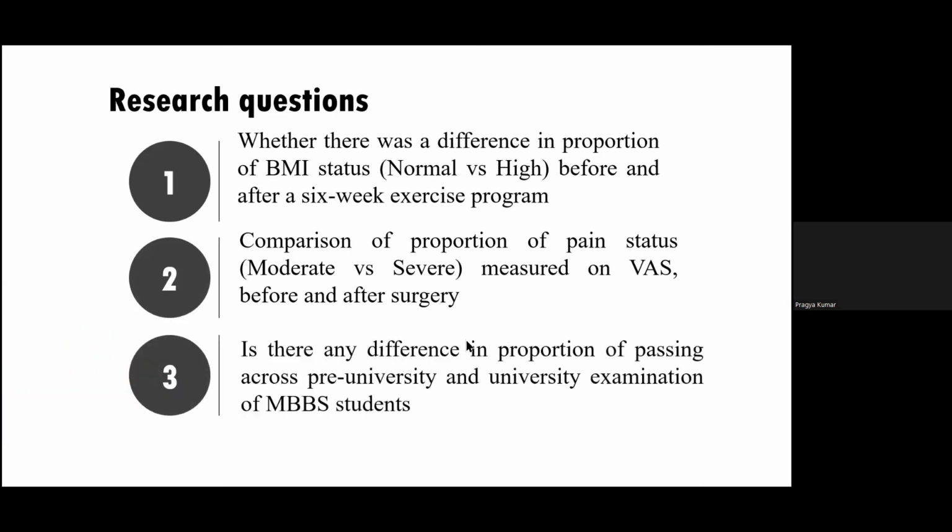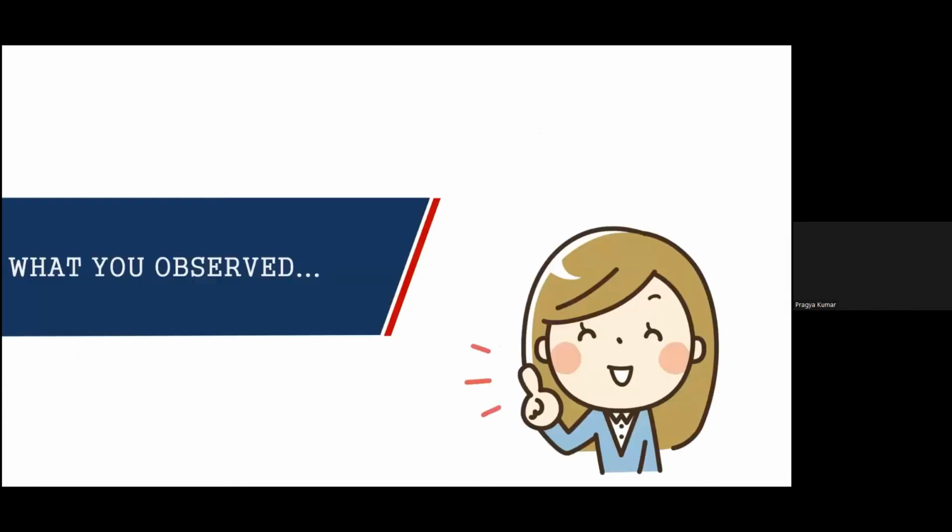Similarly, any difference in proportion of passing across the pre-university and university examination of the MBBS students. Again, there will be pass and fail, and there will be two exams, pre-university and university. So this will also be a 2x2 table. So remember, we can apply the McNemar test only in a 2x2 table. We cannot apply the McNemar test in a 2x3 or 3x3 table.